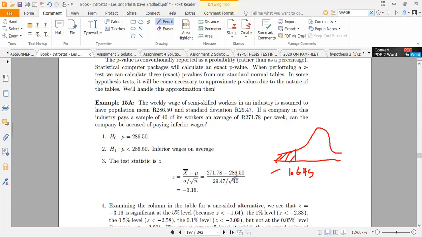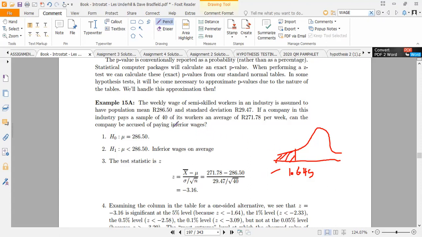So when we calculate the Z here, we're going to get negative 3.16, which is in the shaded region. So whenever our answer is falling in the shaded region, we're obviously concluding that we reject our H0. So by rejecting, it means there's a statistical difference.